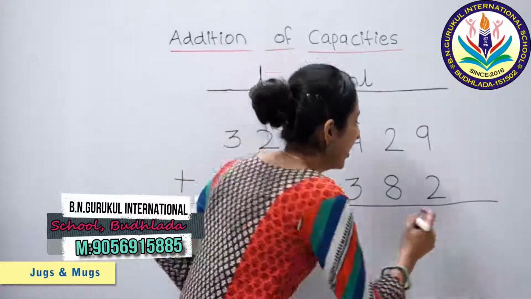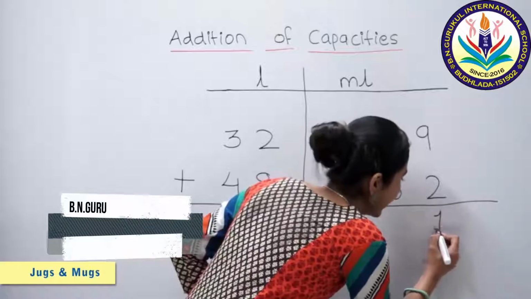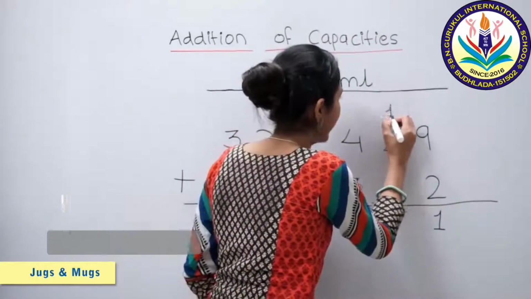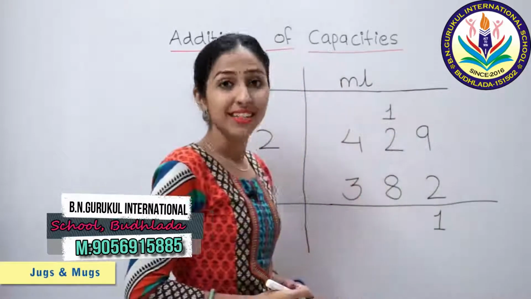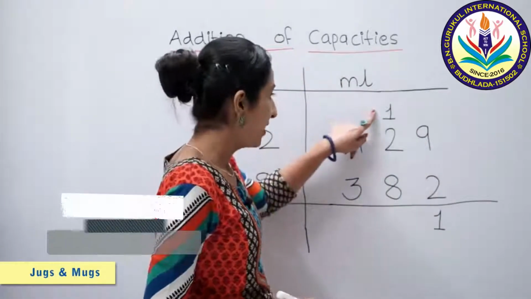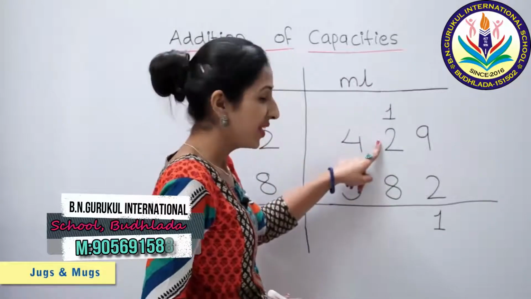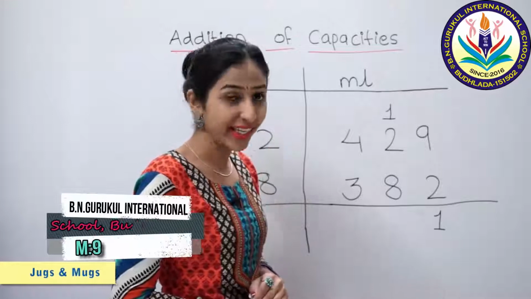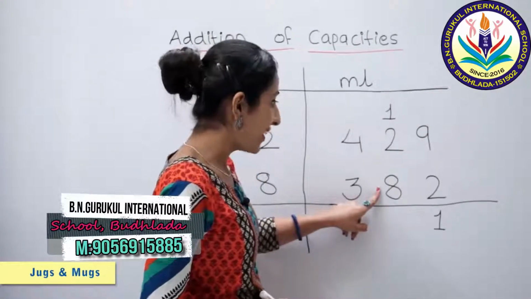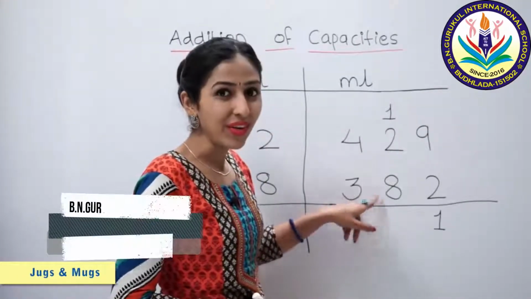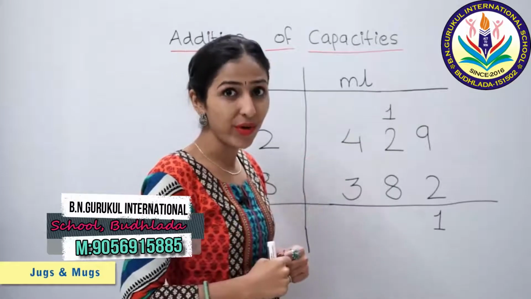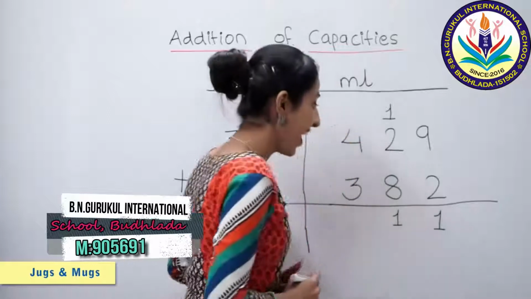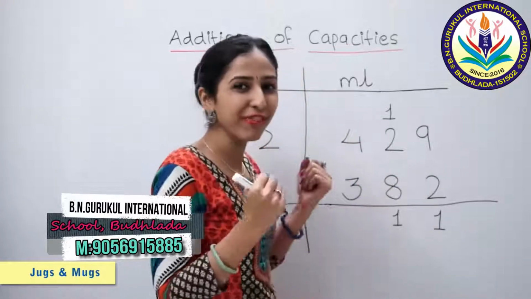So, let's write 1 here and 1 carry forward. Now, 1 plus 2 is equal to 3 and 3 plus 8 is equal to 11. So, let's write 1 here and 1 carry forward.